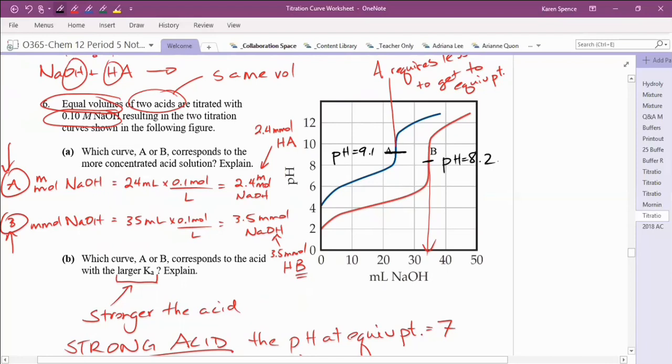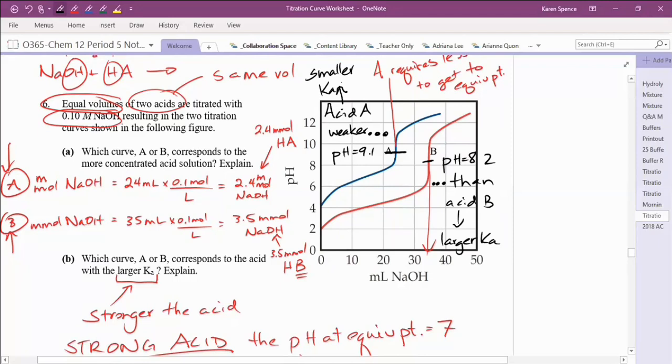And what that means is that acid A is weaker than acid B. And that means that acid B has a larger Ka and acid A has a smaller Ka.